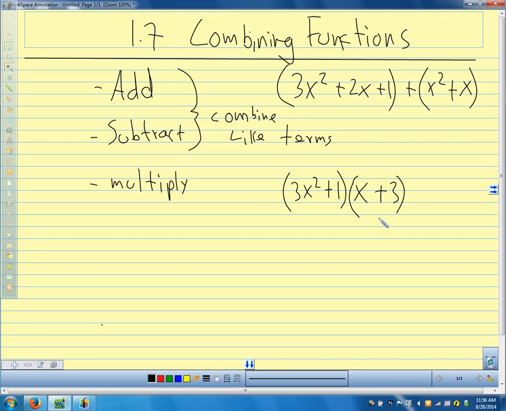And what's the property that we're using when we multiply these together? FOIL is our description, but what property are we using? Distributive. We're distributing. FOIL is a way to help us remember how to distribute. And then the next most complicated, division.